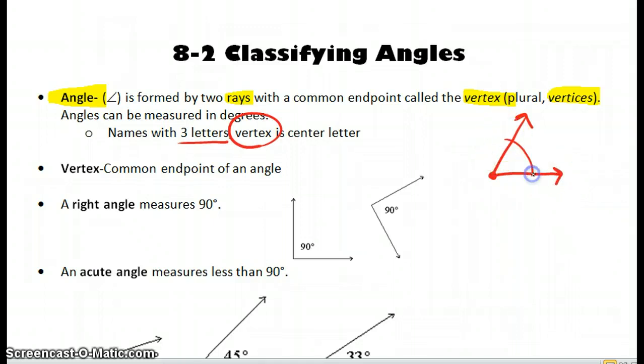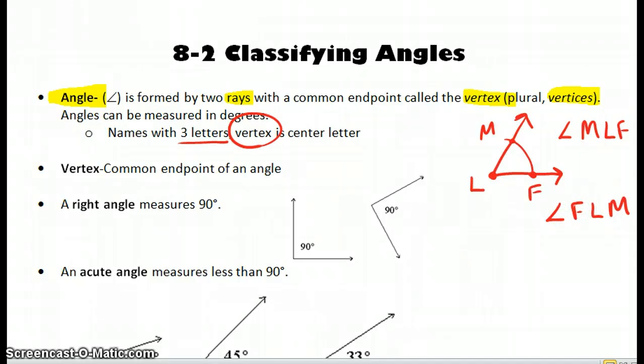So here's my angle. I'm going to label this point F. My vertex is at L, and here is point M. So to label this angle, I'll use my angle symbol, and I'll say it is angle MLF. The other way to label this angle would be angle FLM.